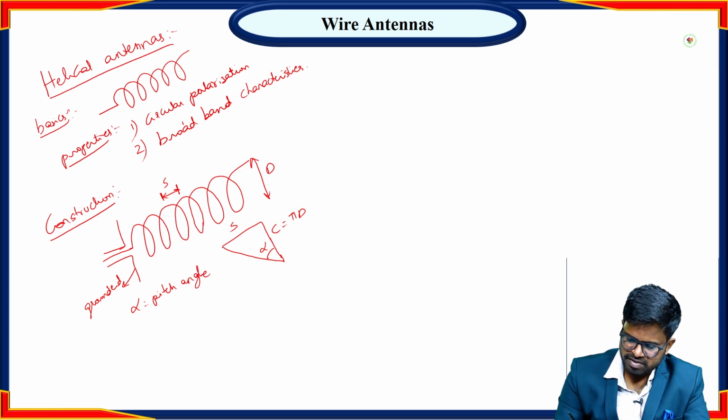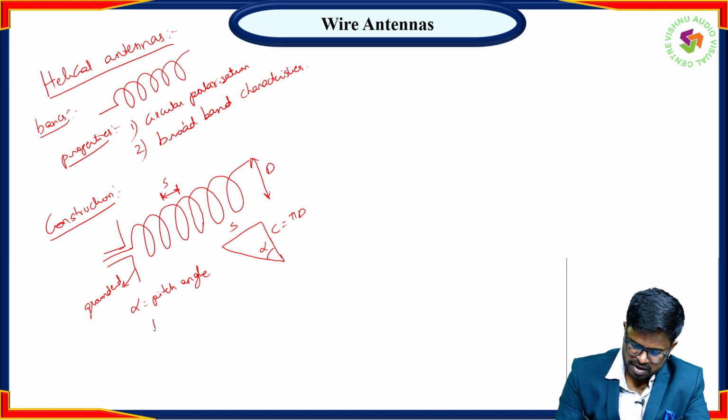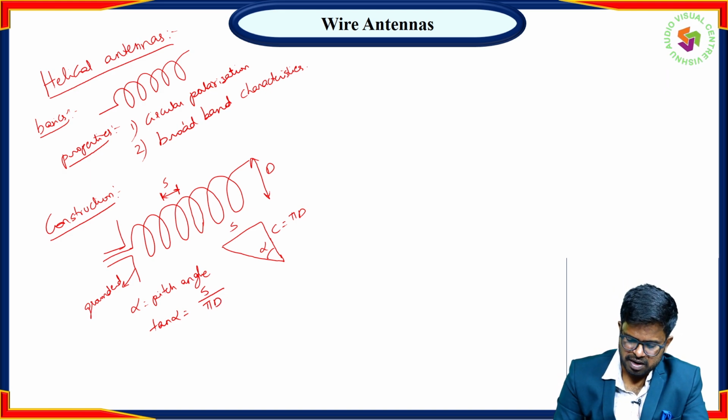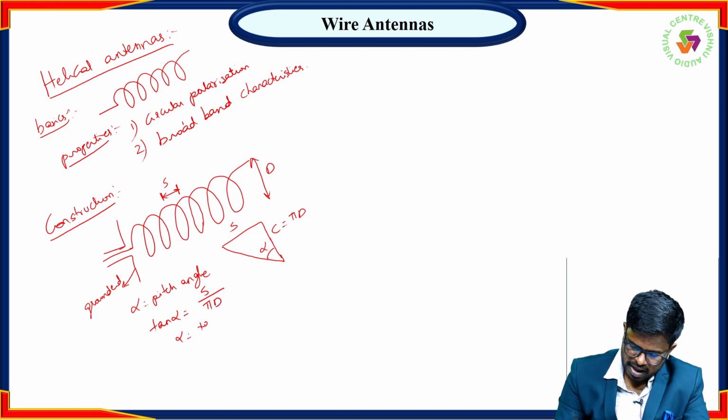From this triangle we can get one formula, that is tan alpha equals S by pi d. Okay, this is the formula for pitch angle. From this we get alpha equals tan inverse S by pi d.